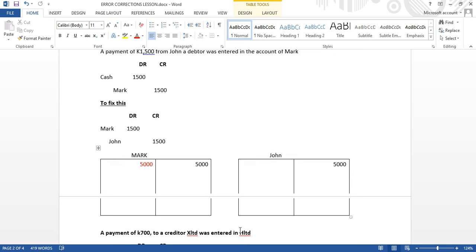Can someone give it a shot? There's a cash account and the payables account involved. Yes. So which one is increasing and which one is decreasing?